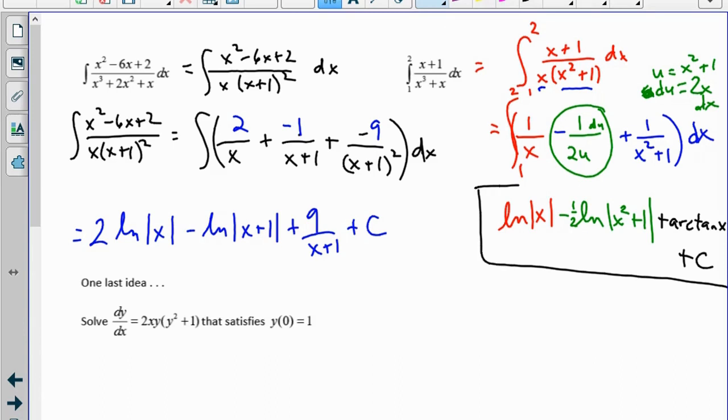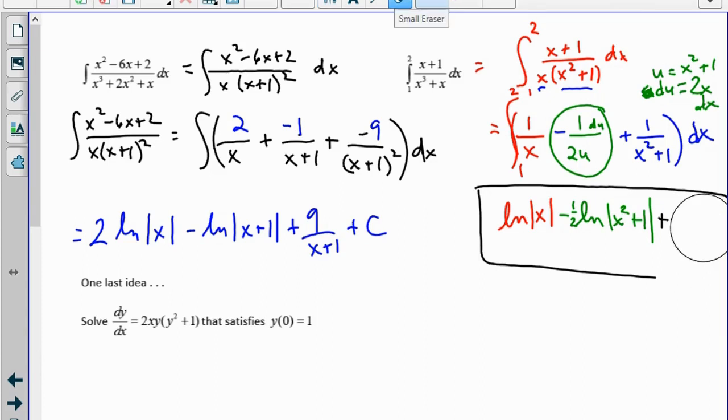So that is the problem on the right. Oh my, it's a definite integral. My bad. So plus arctan of x, and then we have to evaluate this from 1 to 2. So let's try that again.